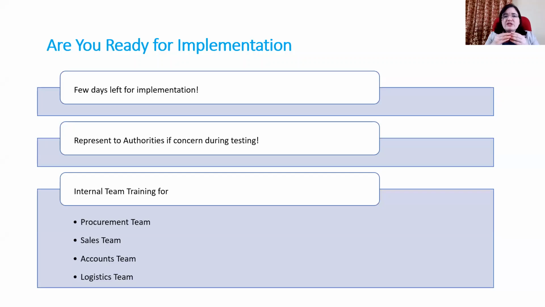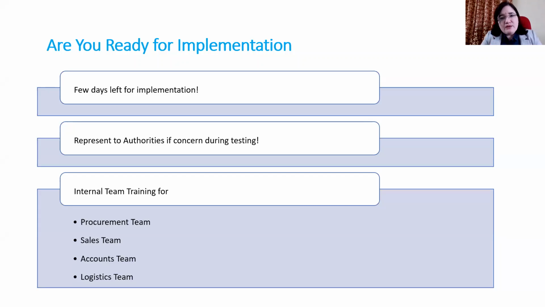Whenever you come across such challenges during sandbox testing, you can let us know. We will inform the government authorities, or we will represent before them, and you can also represent by way of a query. You can raise the grievance, and definitely the government will help in this regard to provide you the solution before implementation itself.